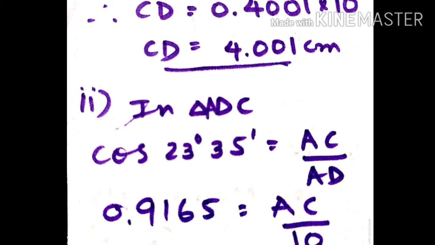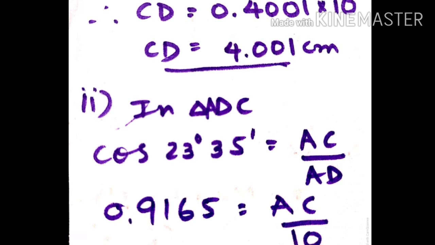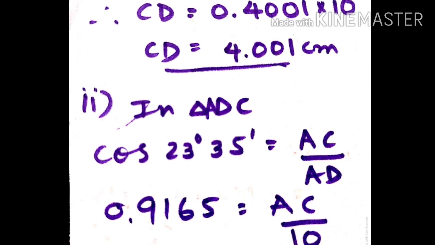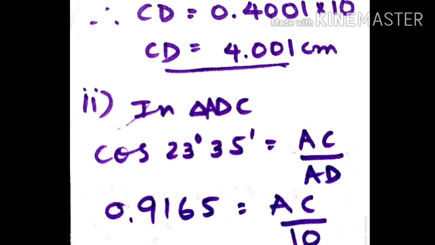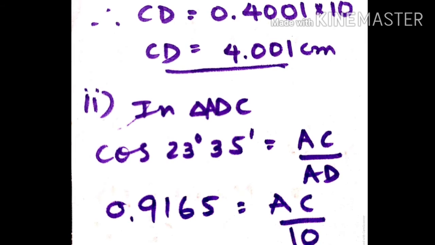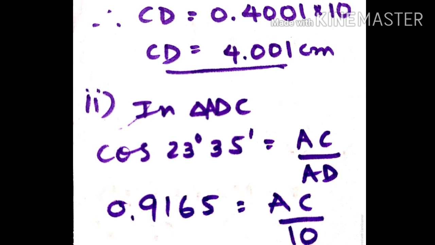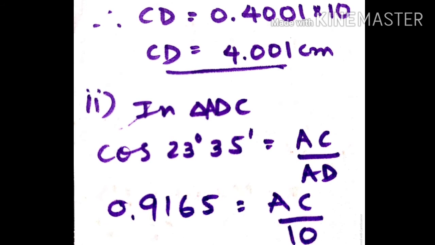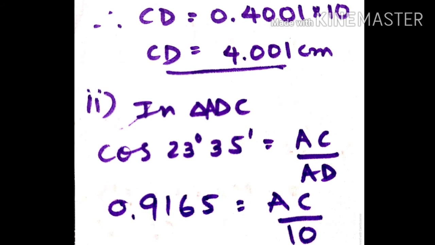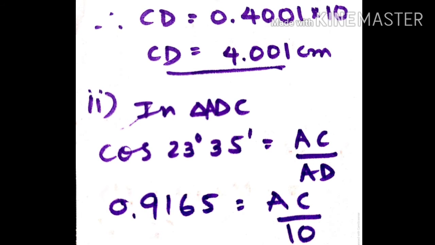And then you see CD is equal to 4.001 centimeter. Finally, we get our first answer, 4.001 centimeter. Now second, you want to find the length of AC. If you want the length of AC, then again in triangle ADC, we will take cos 23 degree and 35 minute.